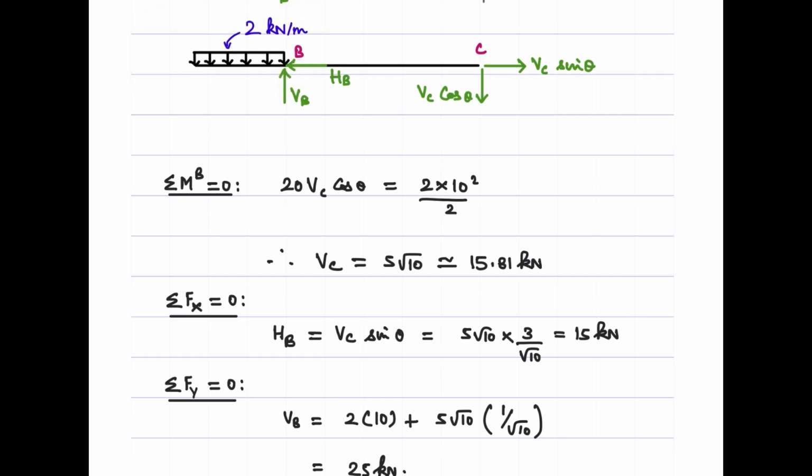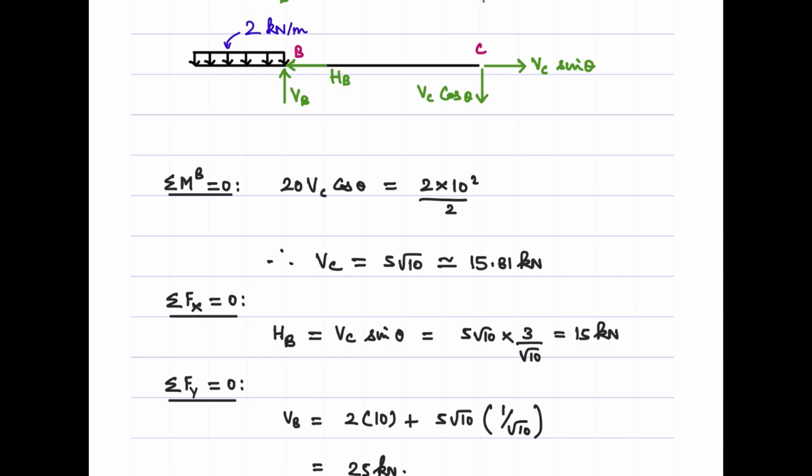The counterclockwise moment will be equal to the load into the lever arm. The load is equal to 2 into 10, with the span being 10 meters, acting at the midspan of this particular span, that is 10 by 2, that is 5 meters. Overall we can write it as 2 into 10 square by 2, from which you can determine the value of VC.